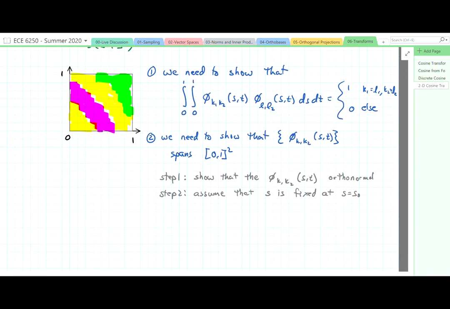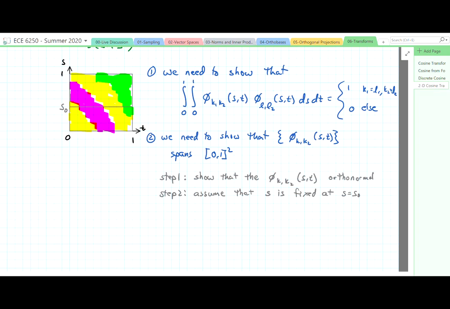So what that looks like up here is we choose some s0, well, I guess I'll choose that one, right there. So this would be our s-axis and this would be our t-axis. And we say that s is fixed there.